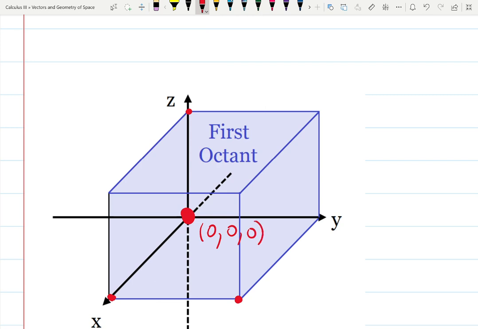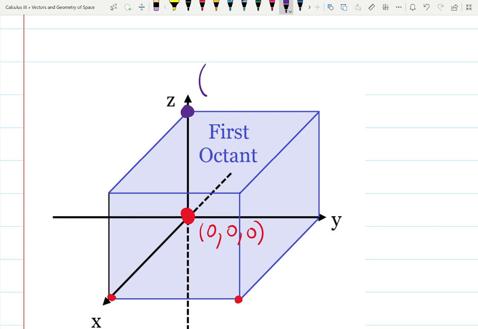And then we have ABCs in each way. Let's learn how to actually name the first octant. Can you tell me the name of this point? That's up to you to think. This point has coordinates. What coordinates is that?